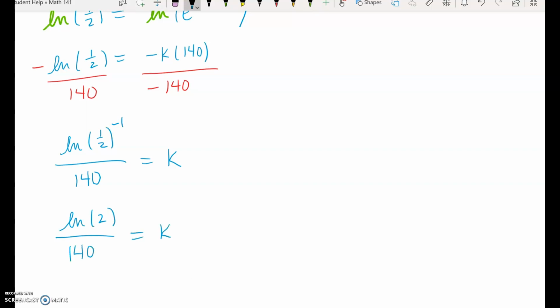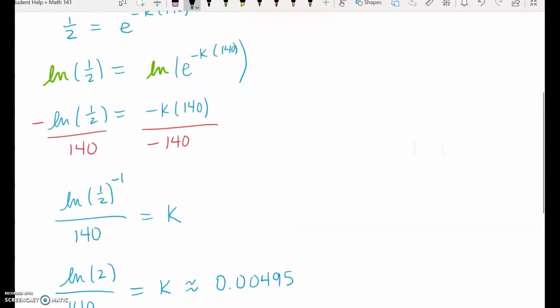That's just a little trick that we use sometimes to get rid of fractions. Plugging that into the calculator, we get that k is approximately 0.00495.